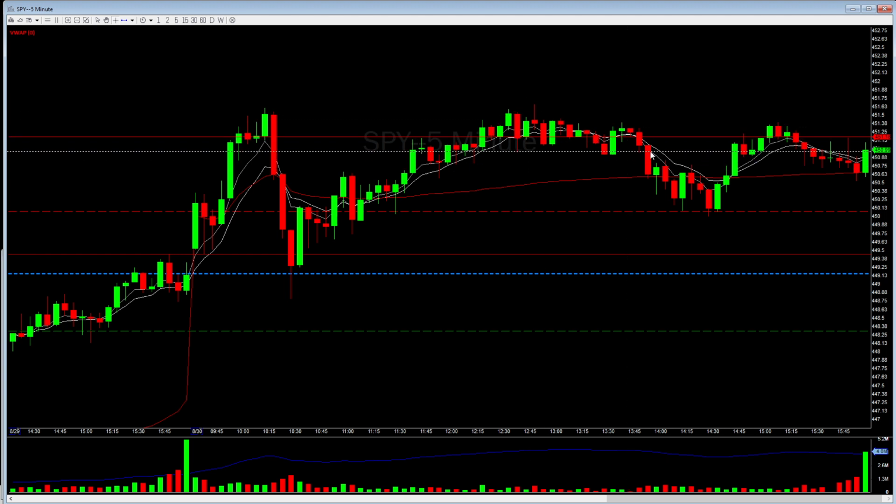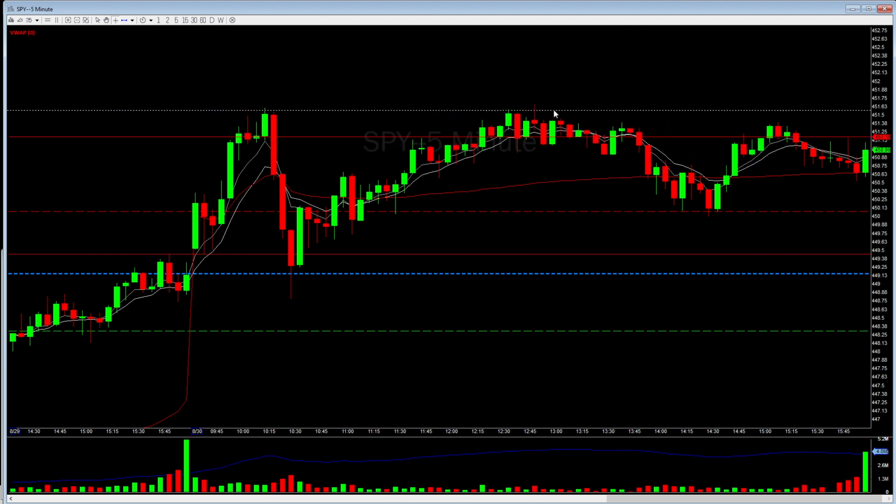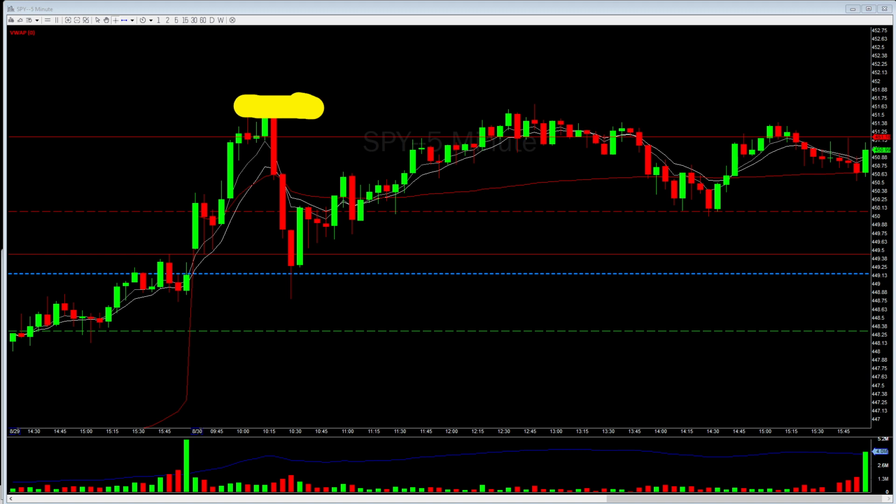When I came here around 1:45, it had tried once. Let me mark it so you can see: the high has been established, tested one time, two times. This was the previous high. It already couldn't make it.